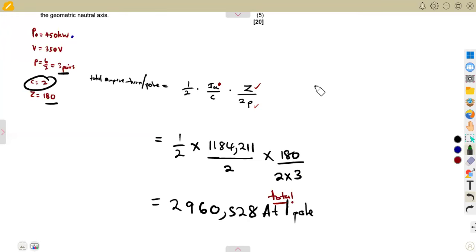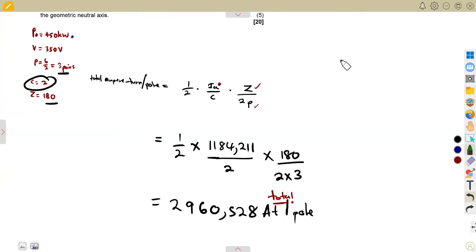1.3 times the armature turns. Okay, so this follows that the total that we are given, what is the total? The total ampere turn is the one that you are going to need in order for us to calculate the ampere turn, because this is the total ampere turn.